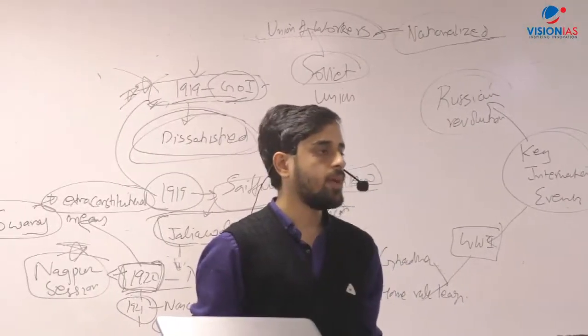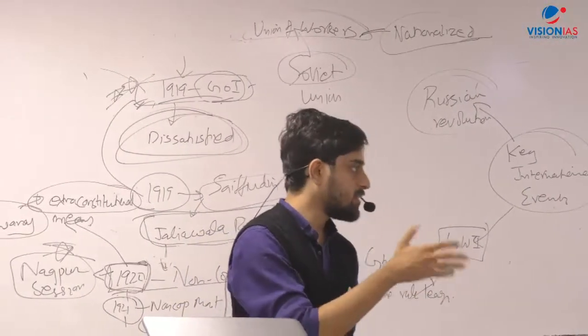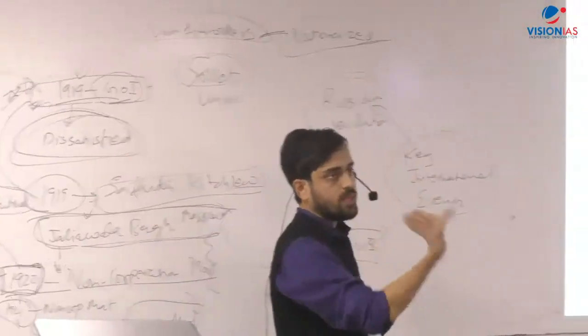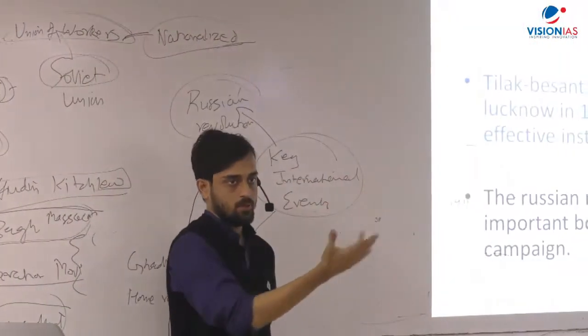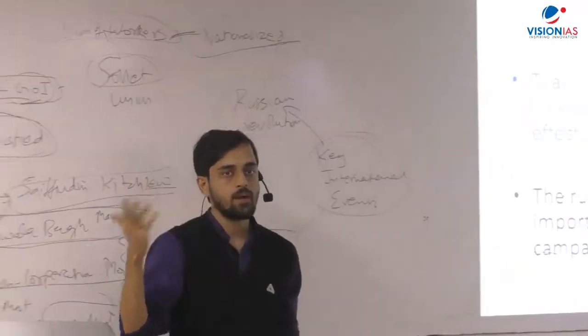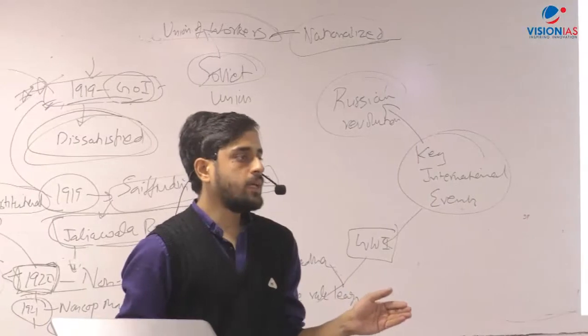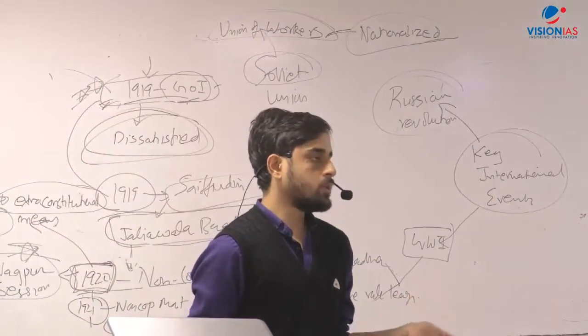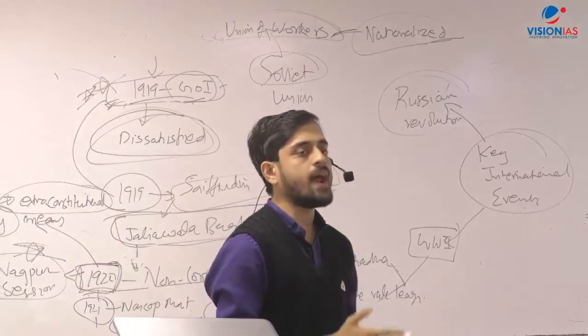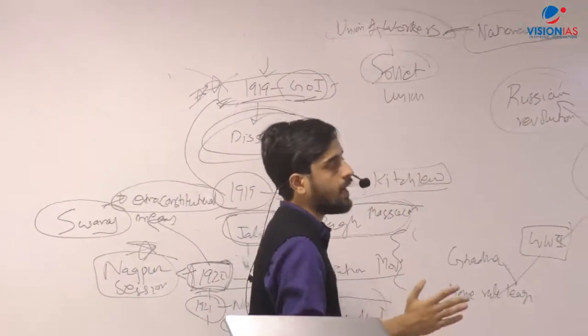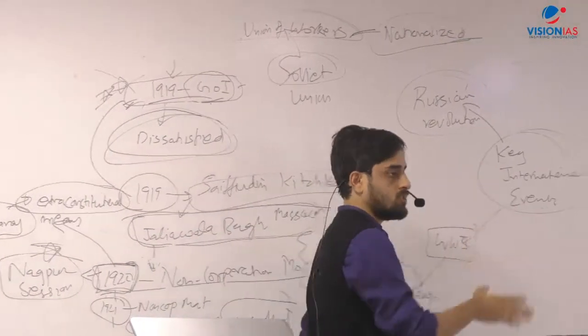At the same point of time, in the 1920s, when this Russian Revolution was happening, and we'll see the connect also with Bhagat Singh and others, because this is the same ideology which inspired Bhagat Singh and others also, they were inspired by the activities of the Soviet Union, specifically in the arena of land reforms. Because when Stalin came, though this was very bloody, Stalin brought in radical land reforms in Russia.